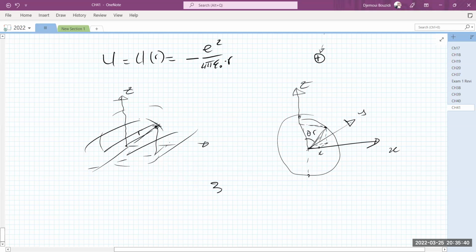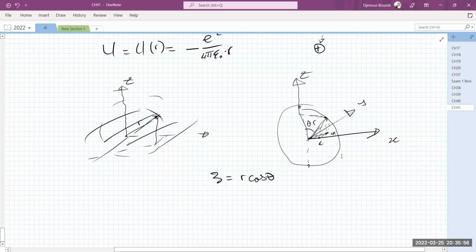So in this case, z coordinate is just r cosine theta. And the projection of this point on the plane xy will give me r sine theta, which is this component, but I will have an angle now phi with respect to the x-axis. So we're going to use r, theta, phi in such a way that the x coordinate is really equal to r sine theta cosine of phi, and y is equal to r sine of theta sine of phi.